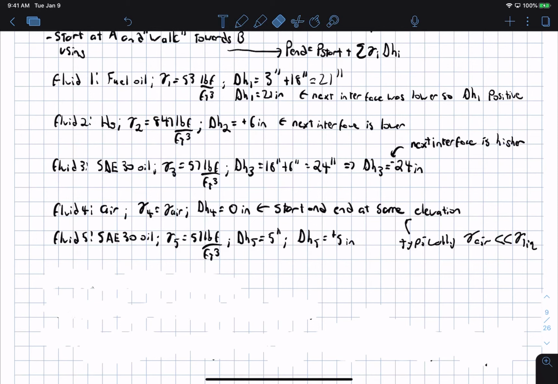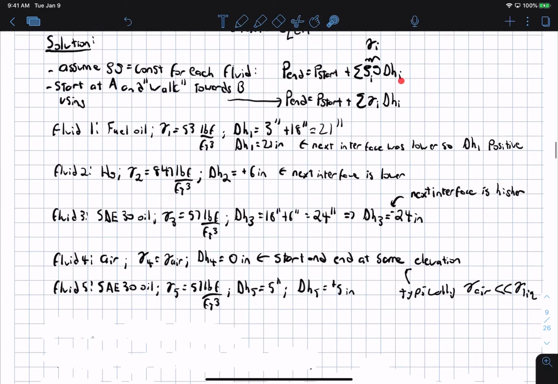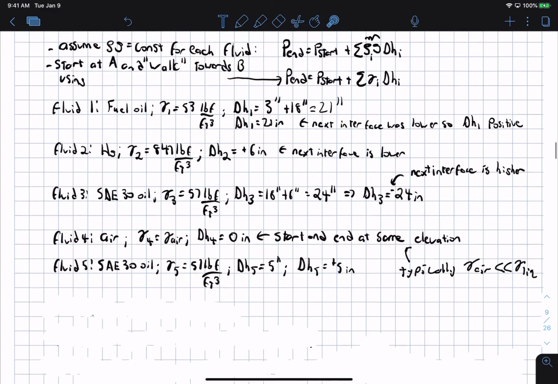And here we've gone down 5 inches. And because we've gone down 5 inches, it's a positive number. Okay. So then we know all the pieces. We know all five segments. We know all the gammas, and we know all the change of heights.